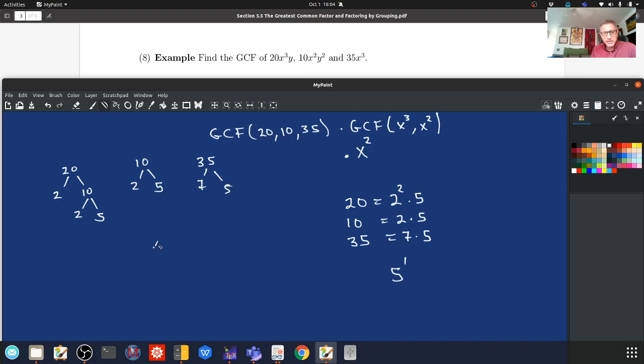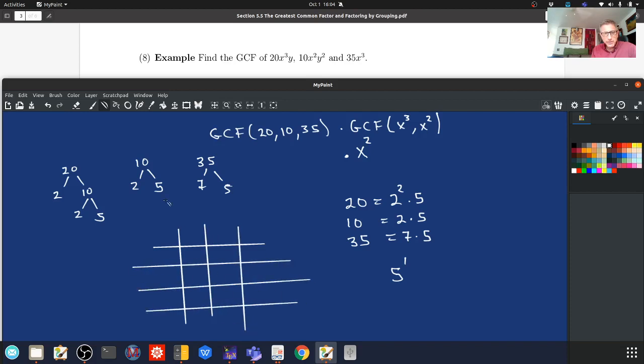If we were doing the table, I would have 2, 5, and 7.